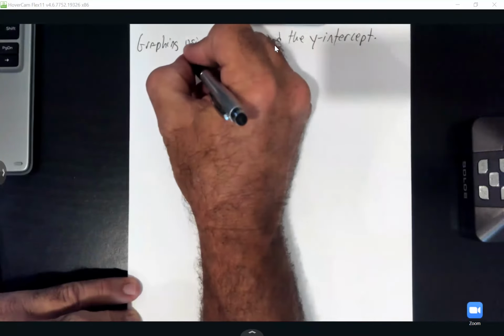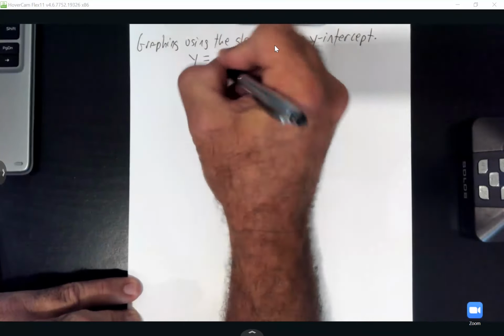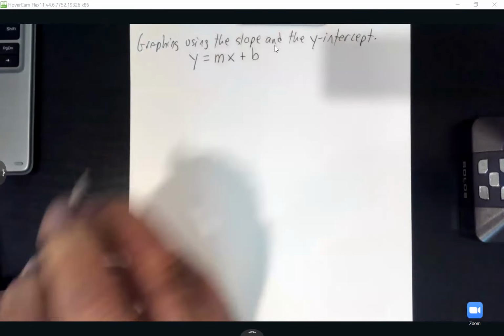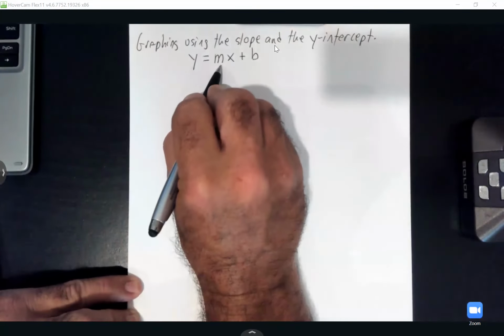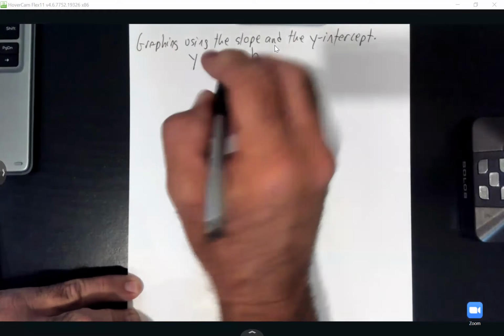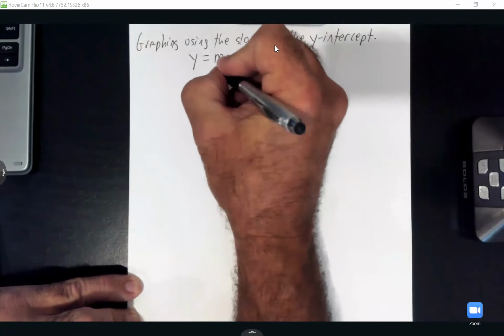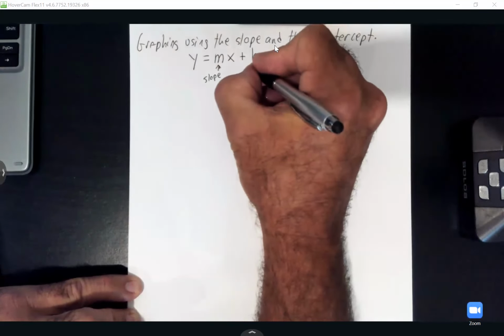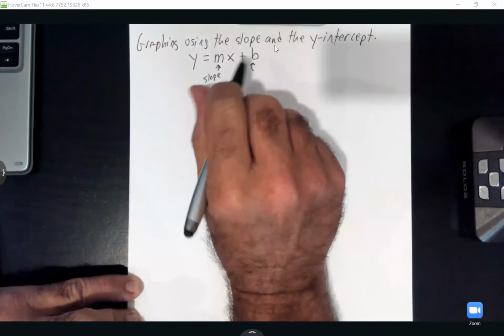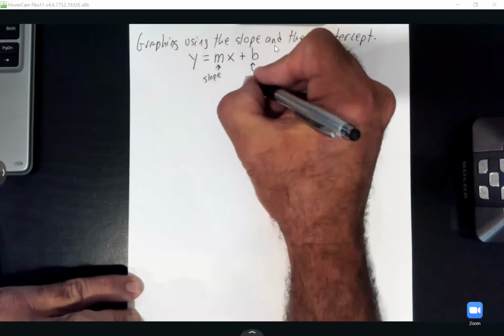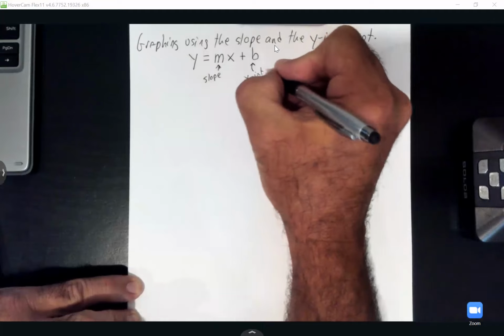So we're looking at equations like y equals mx plus b. This little m, whatever number's in front of the x, that is your slope. This b at the end, whatever number is at the end of the equation, that is your y-intercept.